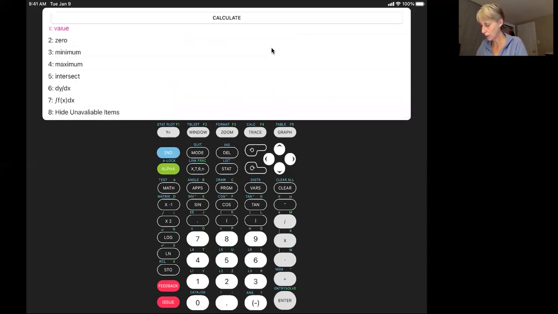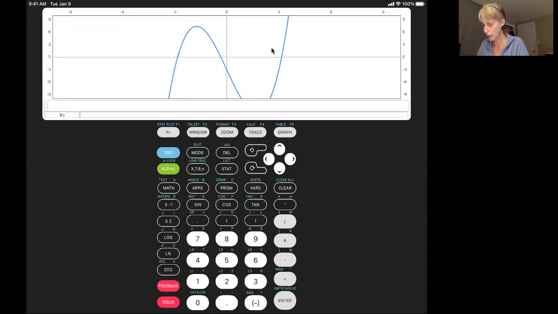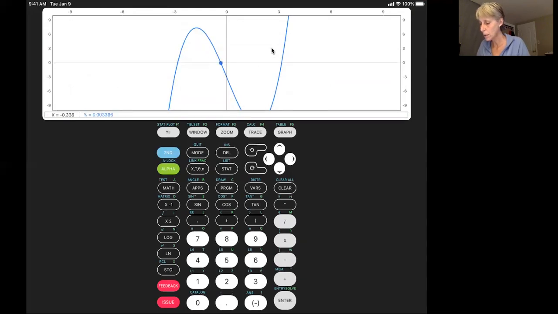Hold on one second. I just want to plug in the number. X equals negative 0.338. Yeah. So the numbers I'm getting from the iPad calculator are different from the numbers that I'm getting from my old-fashioned calculator. So I'm going to go with these.